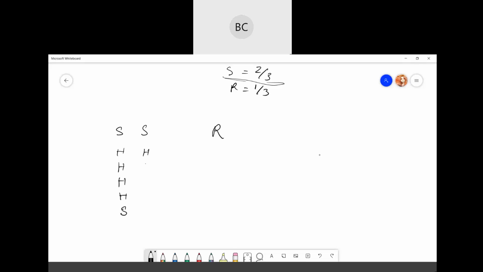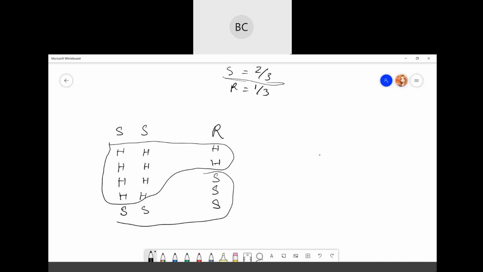Okay, here also 4 days happy continuously, then 1 day sad. Then for the rainy part, maybe he was just happy for 2 days, then most of the time he was just sad. So here you can find the number of happy days, and from here the number of sad days from this condition.